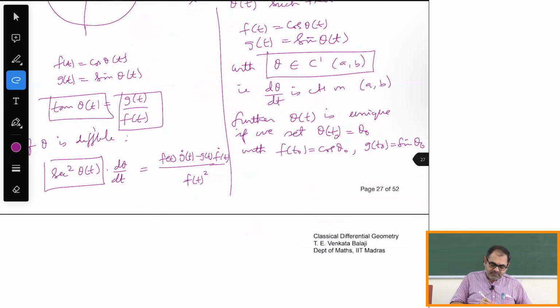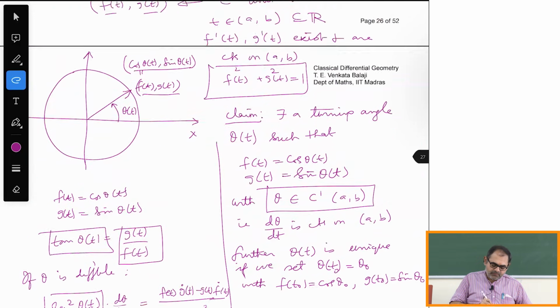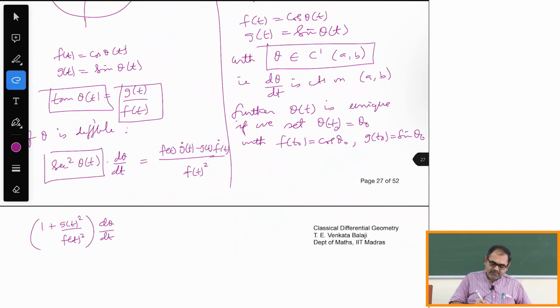So you can write this as 1 plus g of t squared by f t squared, into d theta by dt, equal to f t g dot t minus g t f dot t, by f t squared.